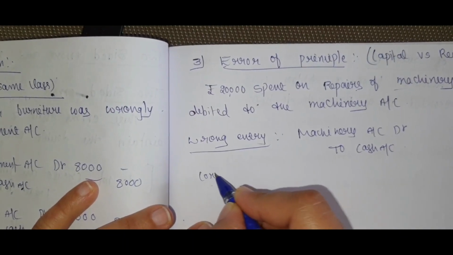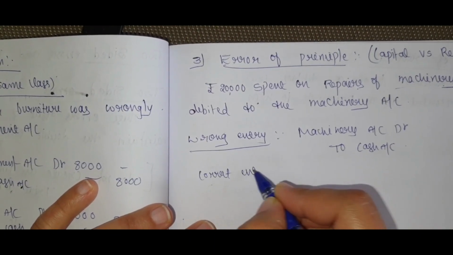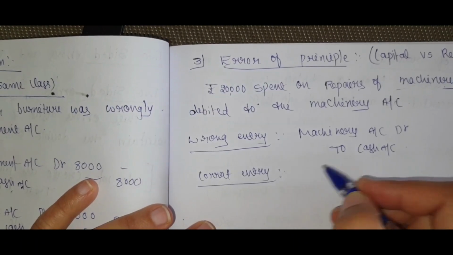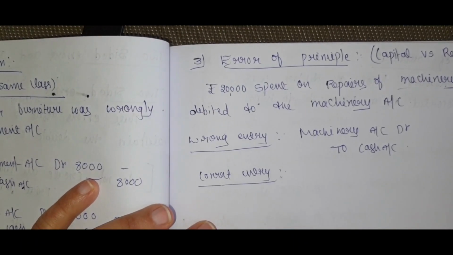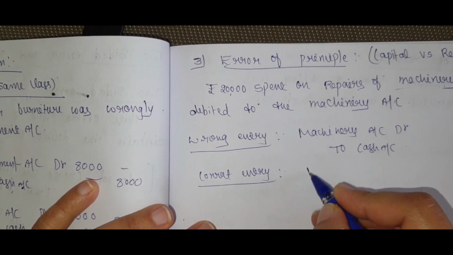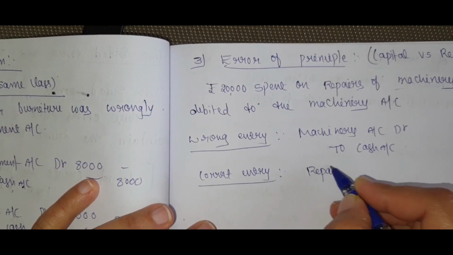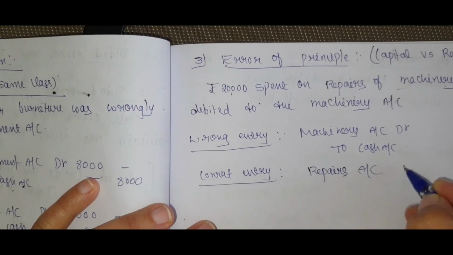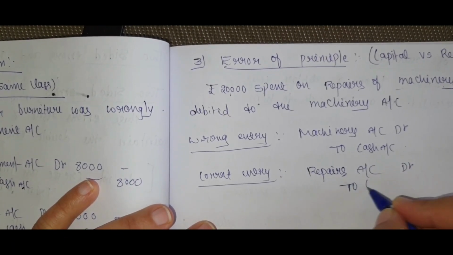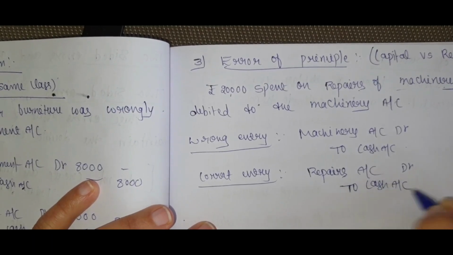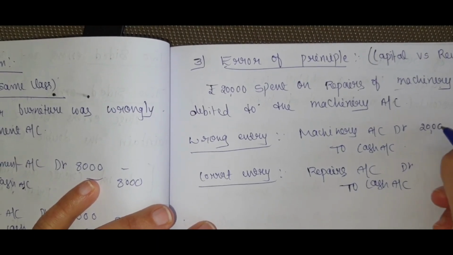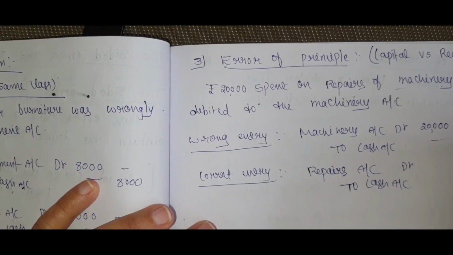And what is the correct entry? We need to debit the repairs because rupees 20,000 was spent on repairs of machinery. So repairs account debtor to cash account, rupees 20,000.